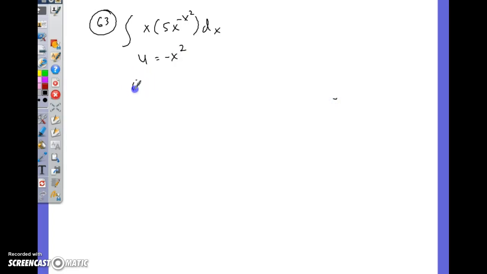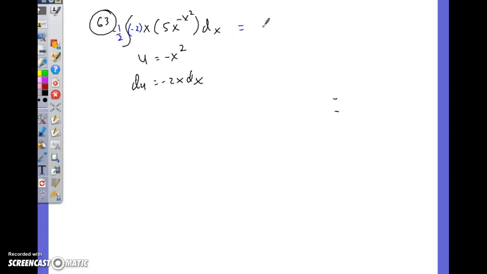So then I go derivative. du equals negative 2x dx. Need to make a negative 2x inside. I've got the x. Need a negative 2, so I'm going to go ahead and put a negative 2 here, and then I'm going to get a negative 1/2 out in front to make that happen. Agreed?